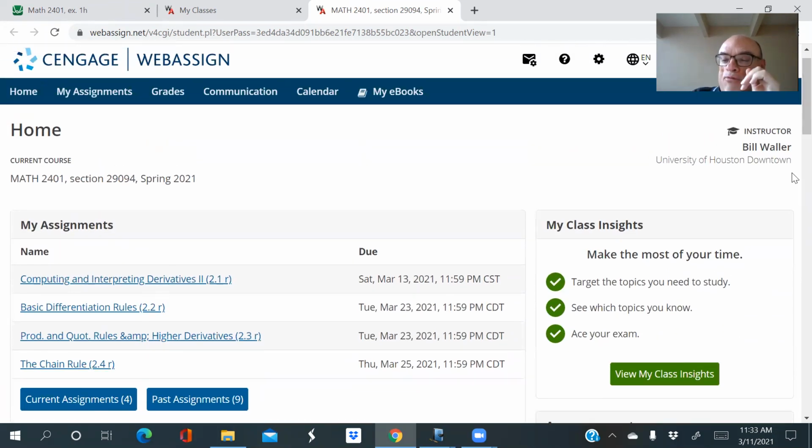Now, when I sent back those tests, since I'm typing in my responses on the computer, it's hard to type in many comments. So the comments that I put in there are just very brief.